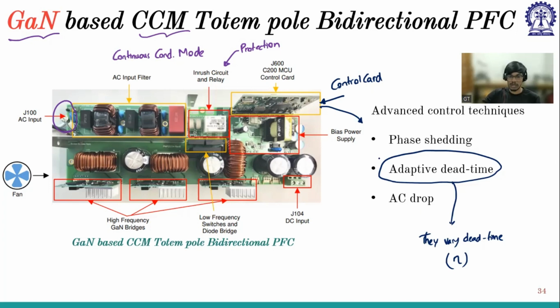They will feed all this into the controller code, so accordingly the deadtime will be varied, resulting in high efficiency. They have also given a formula for deadtime, so based on that formula they write the code, it generates the deadtime, and it is implemented in the C2000.